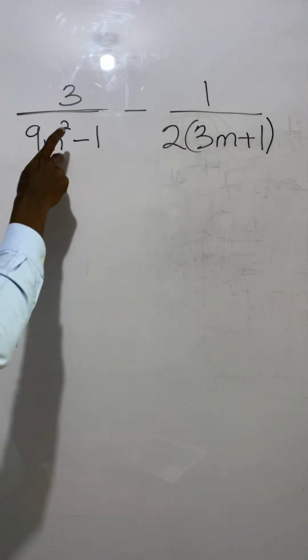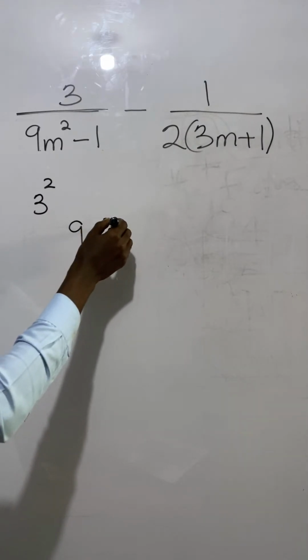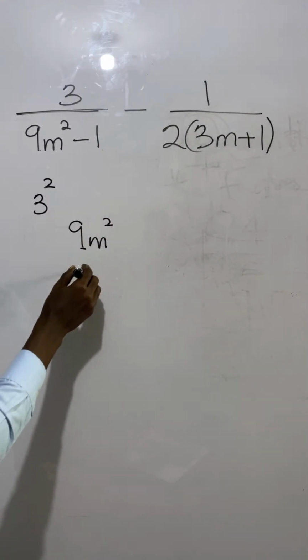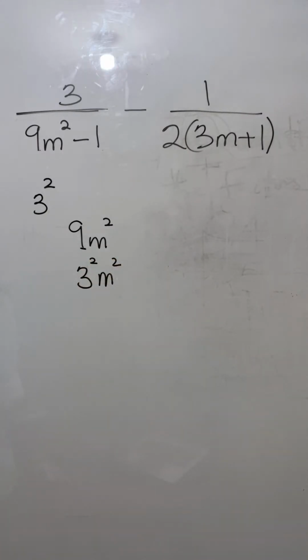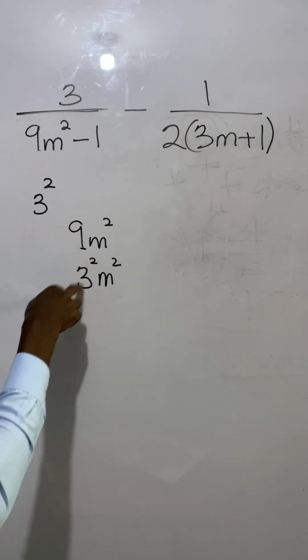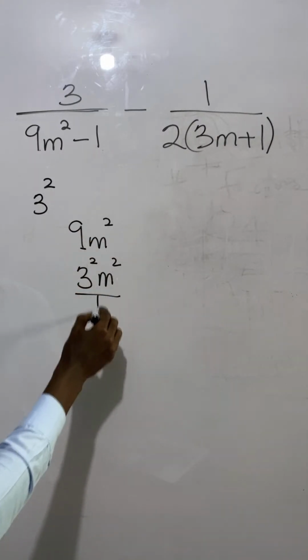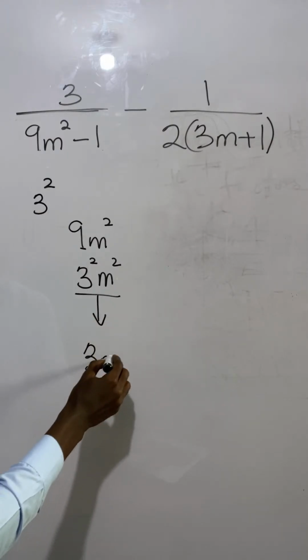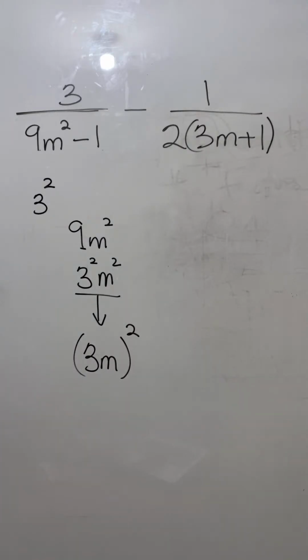Meaning this 9m squared can be written as 3 squared m squared, which also means we can write it as 3m all in brackets squared. I hope that makes sense to you.